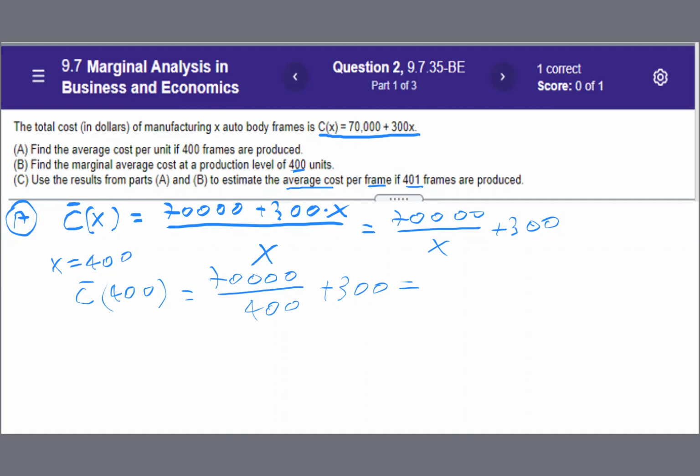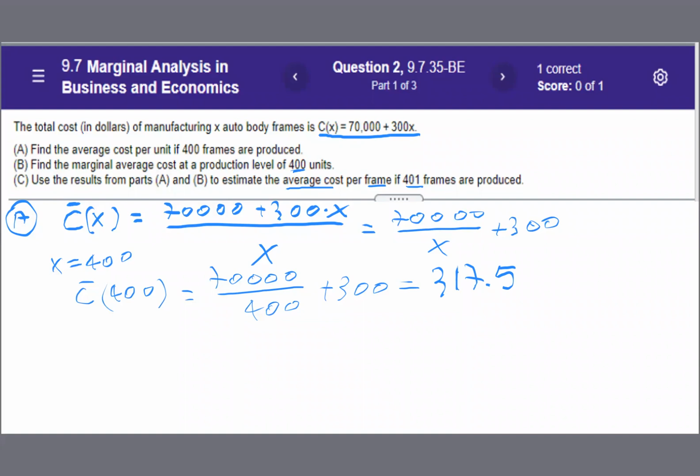70,000 divided by 400 plus 300. Okay, it's telling me 317.5. Okay, so at this point, I'm going to ask you to do this as well. 70,000 divided by 400.